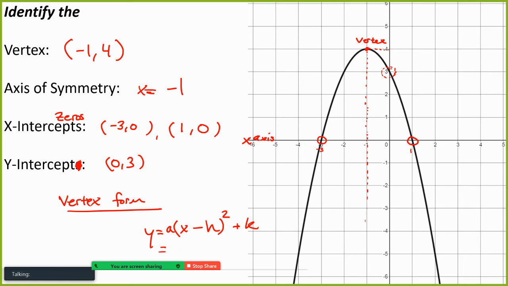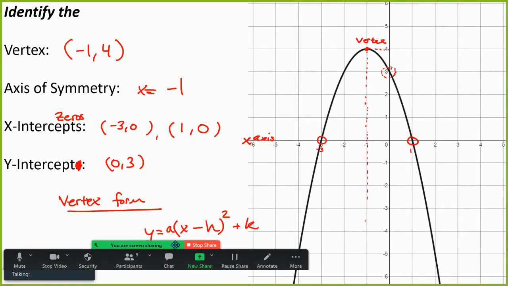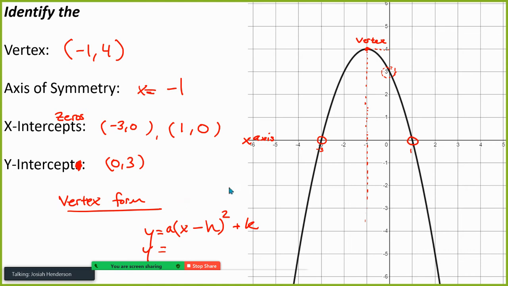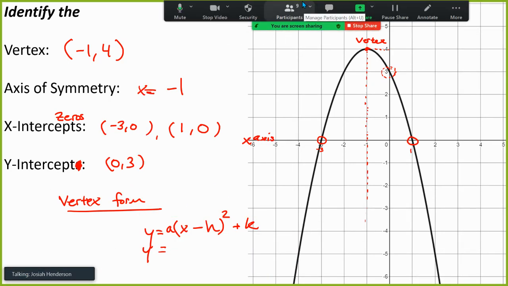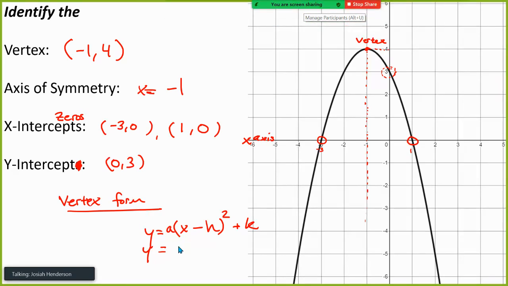So in this case, it's going to be x plus 1. Remember, x plus 1. It's going to be opposite of what it looks like it should be from our picture. x plus 1, and that's because it's x minus -1. That's what's happening with the math there. x minus -1 is making it into plus 1.